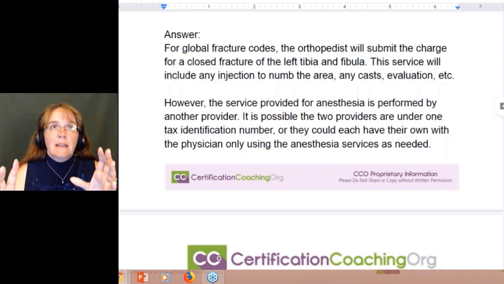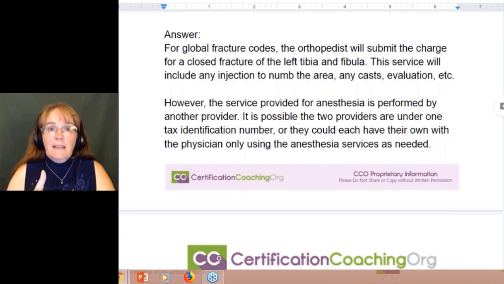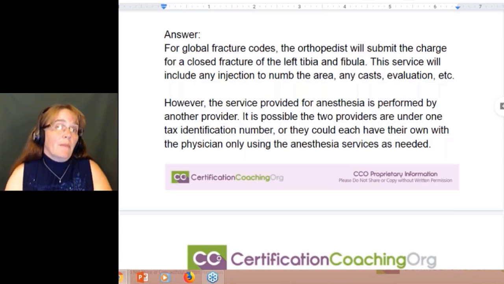We're anticipating seeing this patient again multiple times for this problem. That's why they get paid so much, because the work involved continues for 90 days. Casts on the first date, the first date of injury, the cast is included in that global surgical charge, that procedure code that we're going to bill. An injection to numb an area is included.